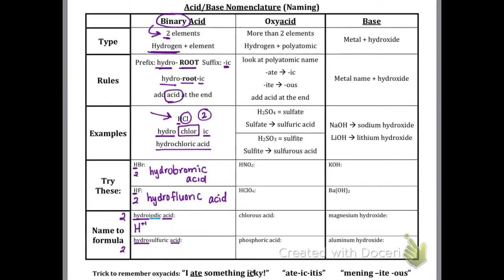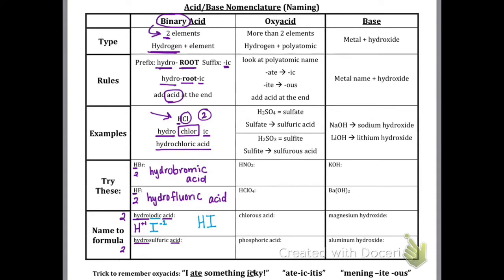So here, you're going to write iodine has a -1 charge. So, remember how we cancel out these charges? If you have a +1 and a -1, they cancel out, so you only need 1 of each. So this is the most friendly acid of them all. It's HI.